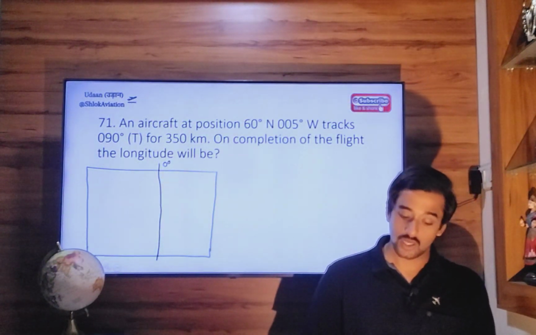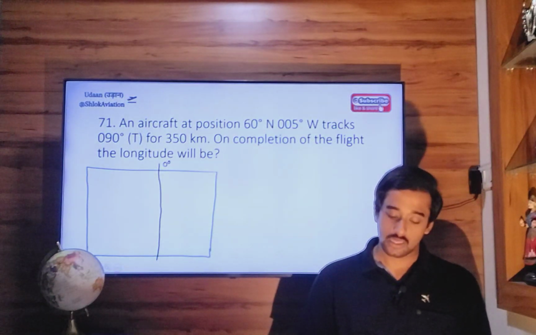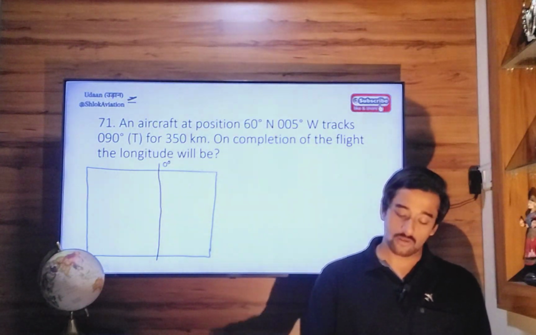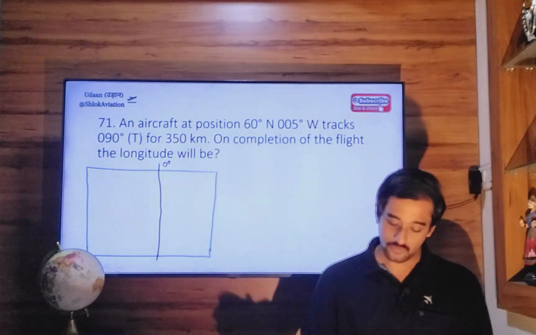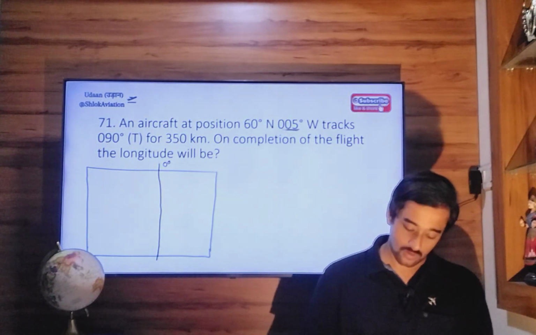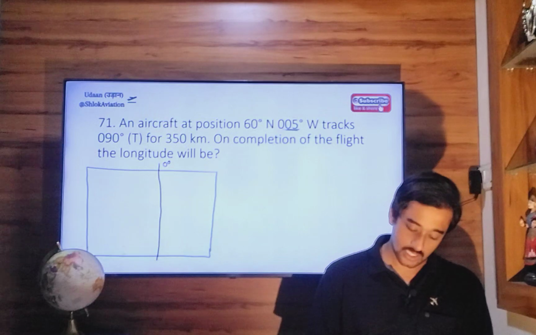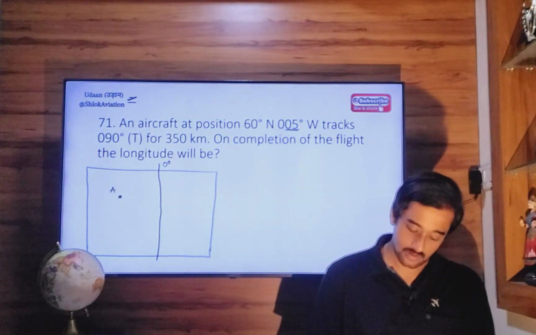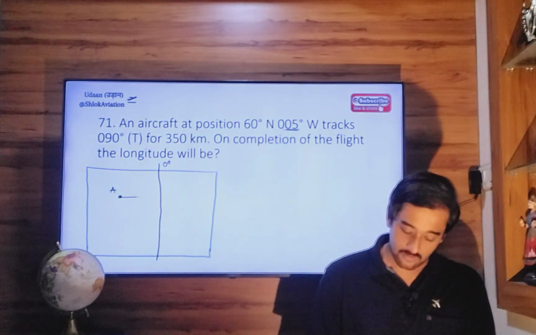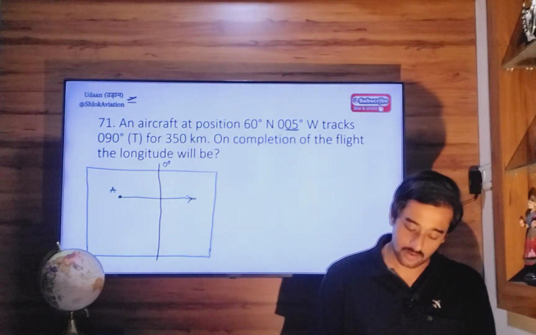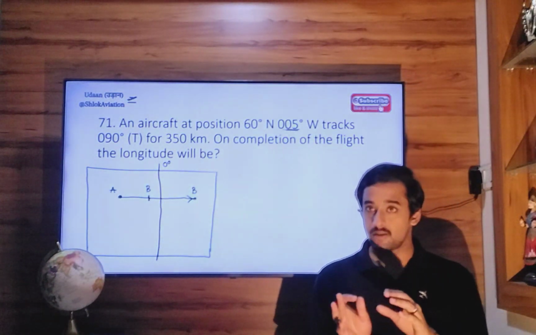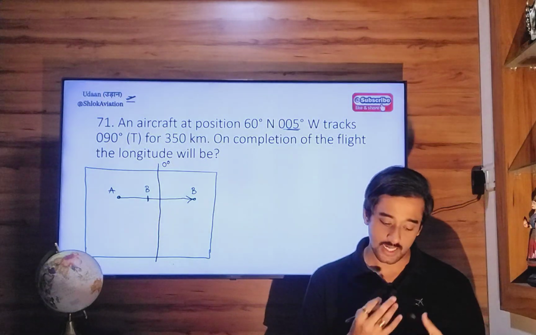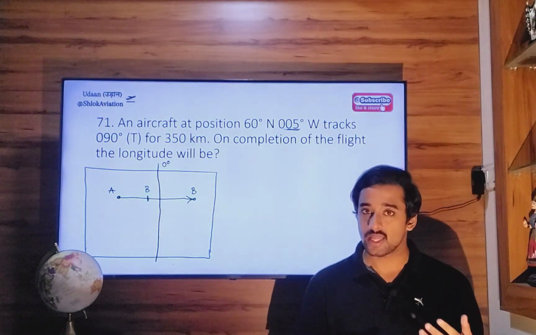This is your 60° north, 5° west, right? So 5° west is here, point A, and we are traveling to point B. Now point B can be in the western hemisphere itself, or it can be in a completely different hemisphere, that is the eastern hemisphere. Let's look at the D long.